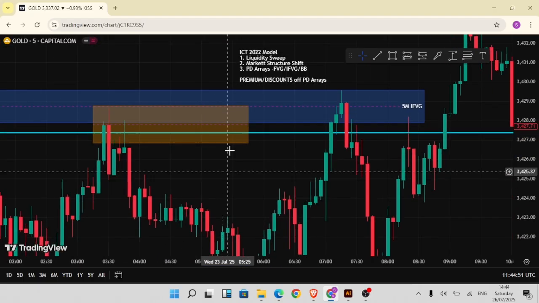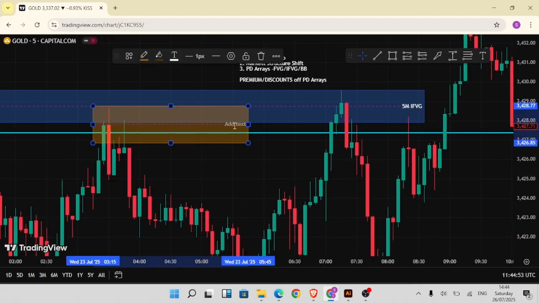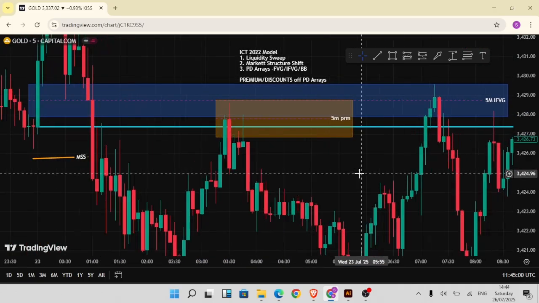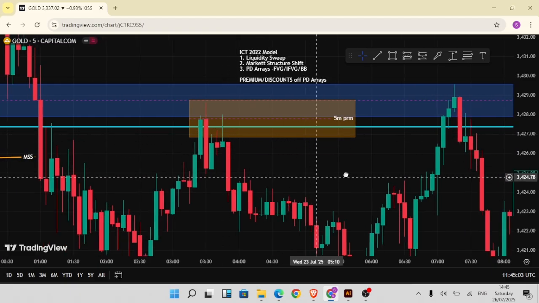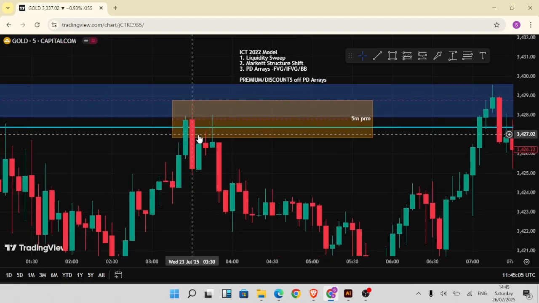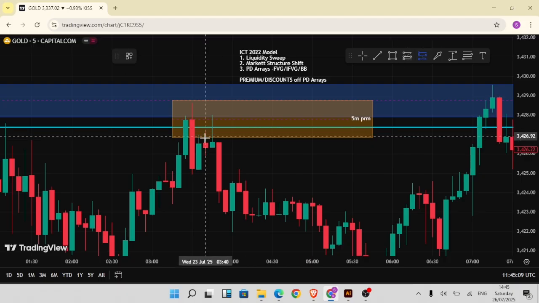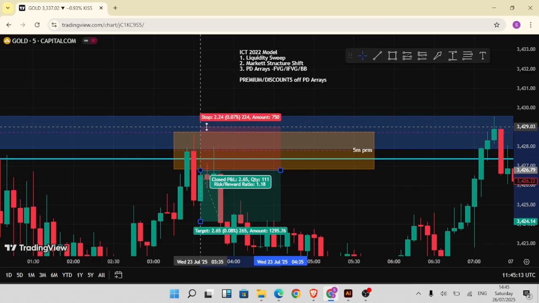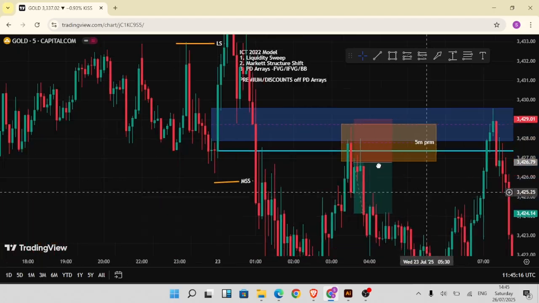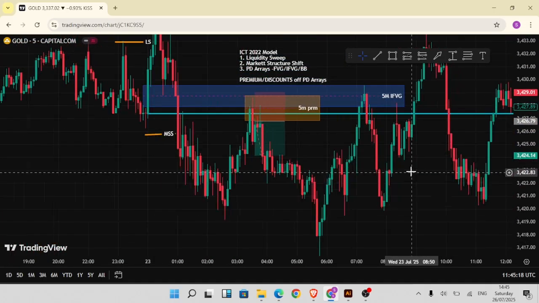So this is the premium of this engulfing candle. Now what we are going to do is wait for price to tap into this premium. As price comes into this premium, you take an entry right here, stop loss right above this swing high.